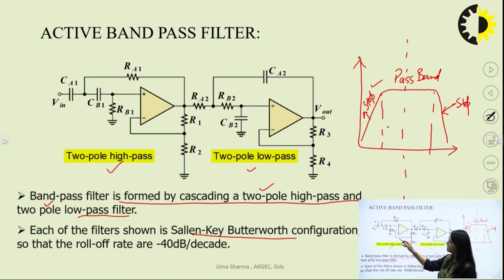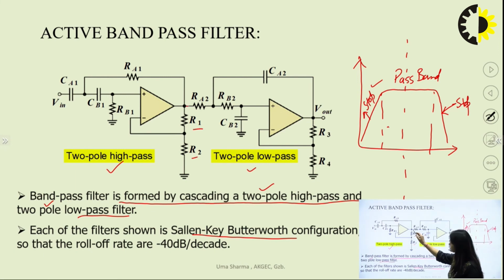You can see that I have added the previous high pass filter in this slide, which has two capacitors CA1 and CB1, two resistors RA1, RB1 connected at the non-inverting terminal, and at the inverting node there are two resistors R1 and R2 that will provide gain to the filter.